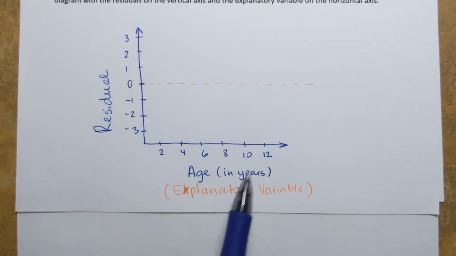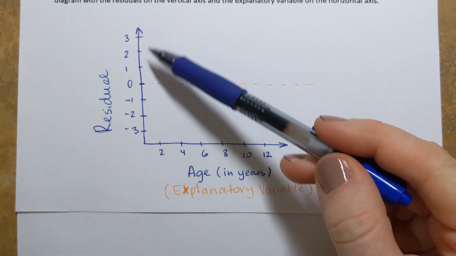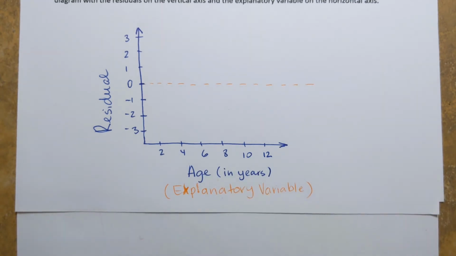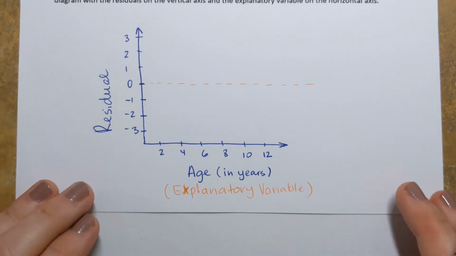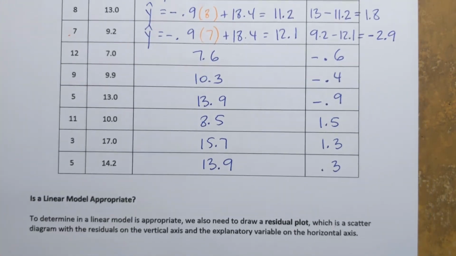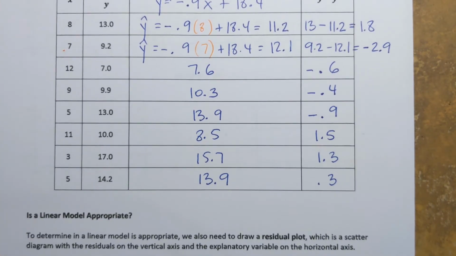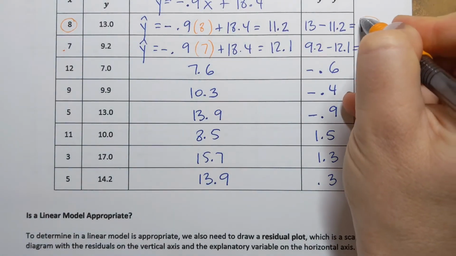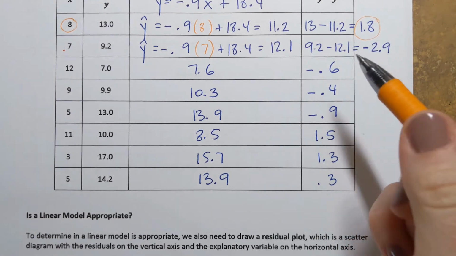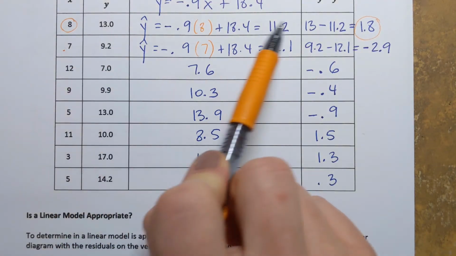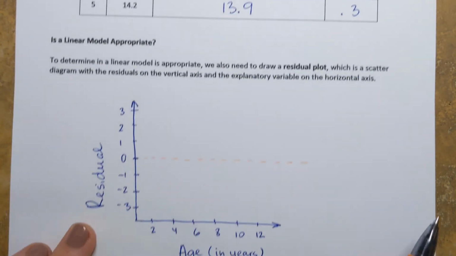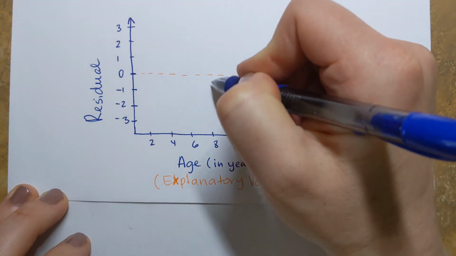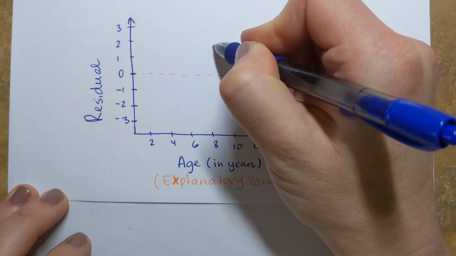Since the horizontal axis corresponds to the explanatory variable and the vertical axis corresponds to residuals, these are the columns in the table that we have to look at to find coordinates of points to plot. The explanatory variable is listed in the first column. So I'm going to take the first value of the explanatory variable, that's 8, and the corresponding residual, 1.8. So the first point that I will plot will be (8, 1.8). 8 is here, and then 1.8 is about over here.